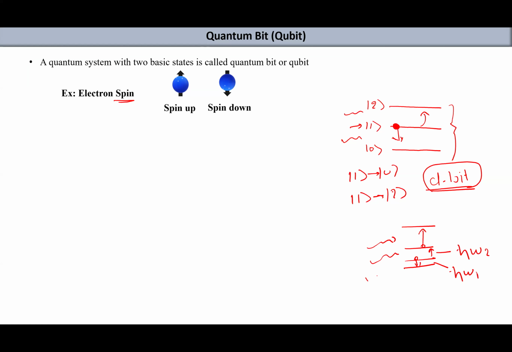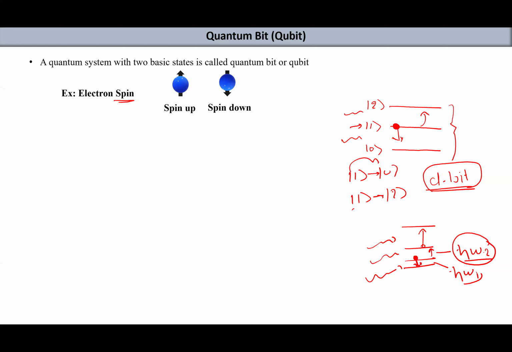For example, if you shine a photon of H cross omega here, then the particle is here, it will come down only, it will not go up, correct? Because the gap is different. So that problem is solved, that one will go to 0 only. But then you will not be able to utilize the 3 states. For that you need another laser or another microwave of energy H cross omega 2.